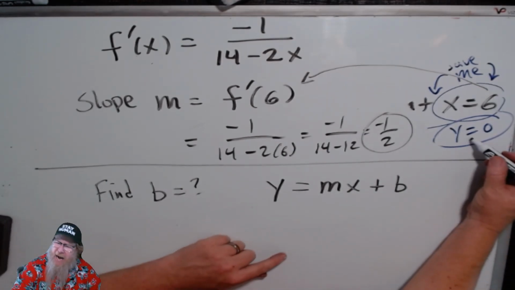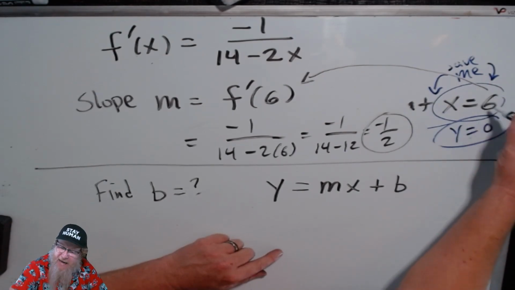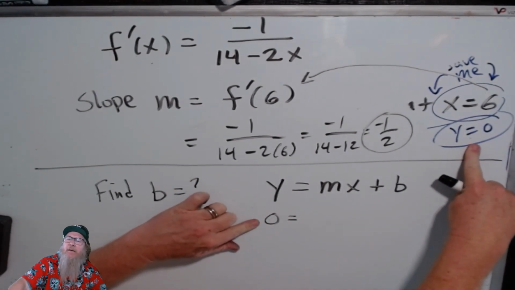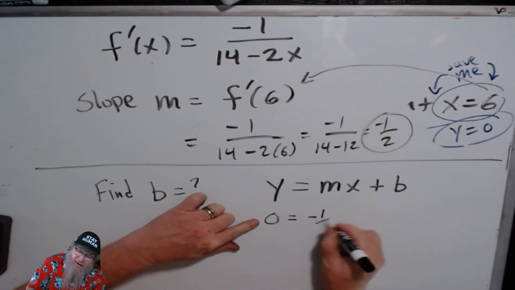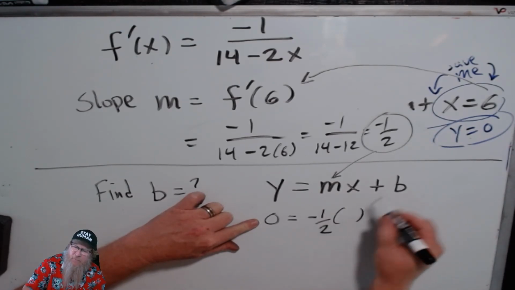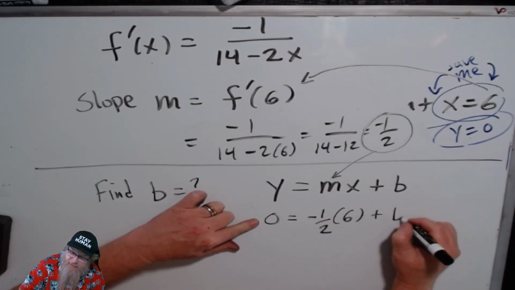I've got y, I've got m, and I've got x. So we'll put 0 for y, negative 1/2 for m, and 6 for x.